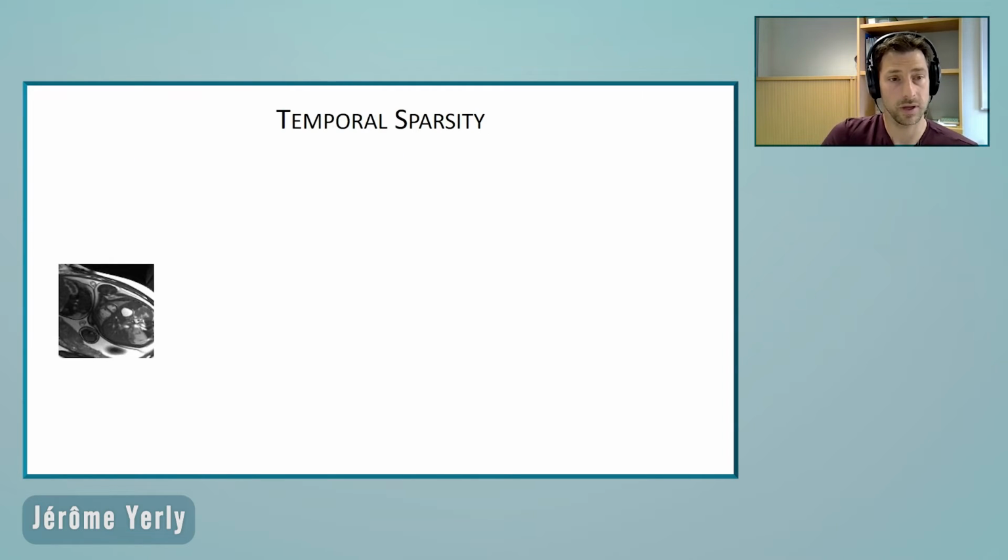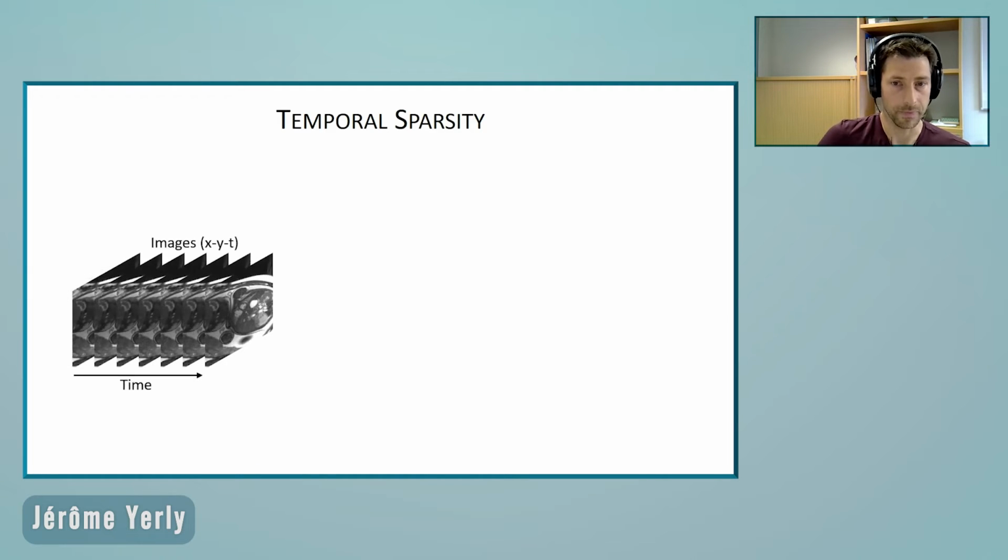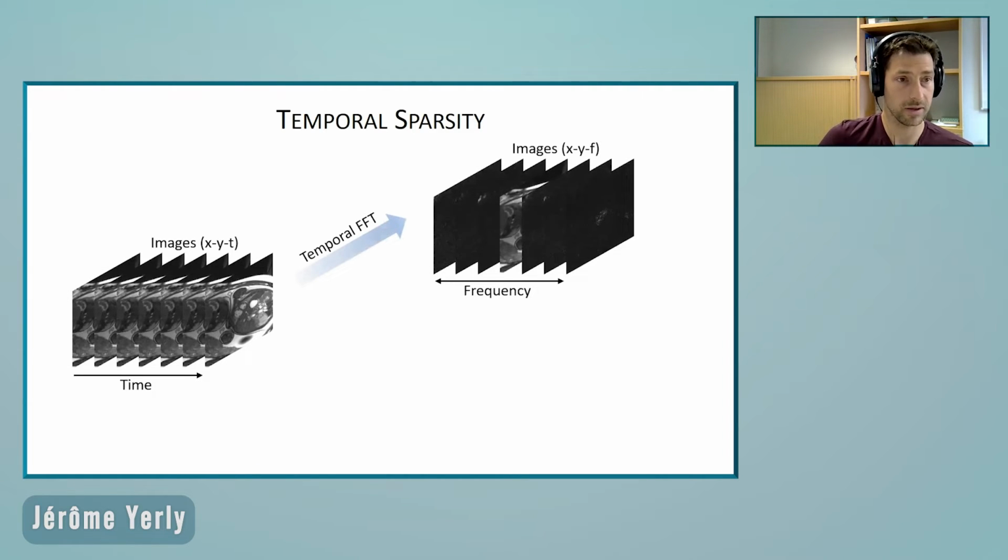So we saw that we have different transforms that we can apply in order to sparsify the image along spatial dimensions, but beyond spatial sparsity, compressed sensing is very good at sparsifying along time, or dynamic images. If we, for example, apply a Fourier transform along time of a series of dynamic images, then we will obtain a very sparse representation where the DC component will have a lot of signal, but all the other frequencies will be very, very sparse.